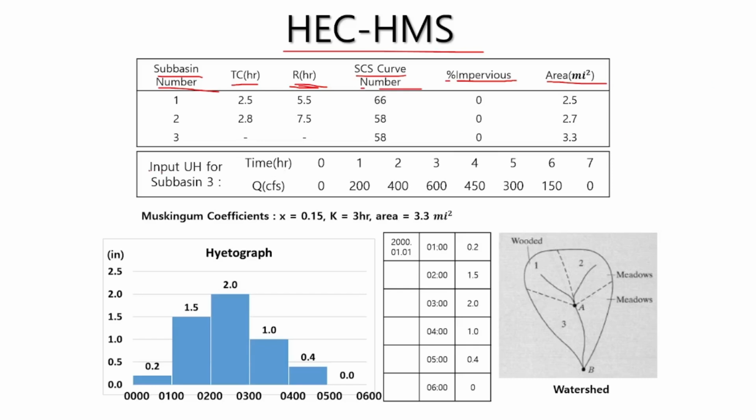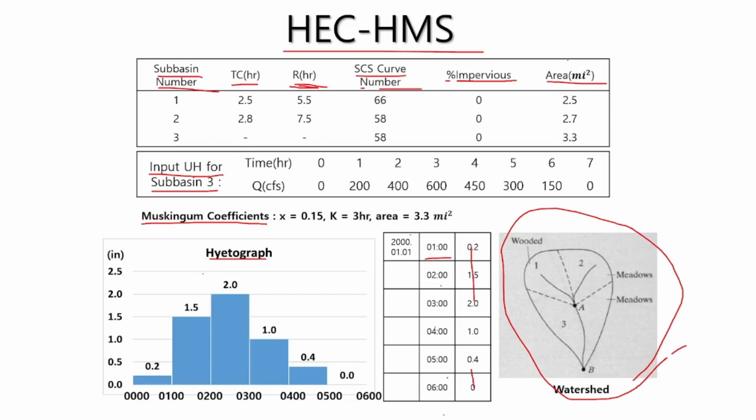So we have input unit hydrograph for subbasin 3. We have Muskingum coefficients. We have a hydrograph, a table with time, and some data like this, right? So for a watershed like this, we can get all these different types of data using HEC-HMS.